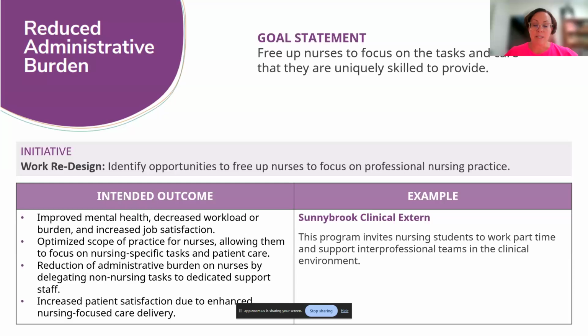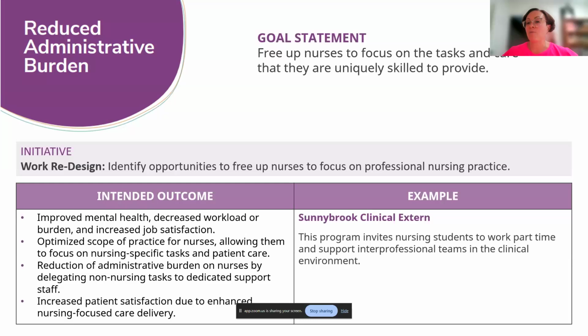We are optimizing the scope of nurses, allowing them to focus on nursing-specific tasks and patient care, delegating non-nursing tasks to dedicated support staff, increasing patient satisfaction as well, due to enhanced nursing-focused care.